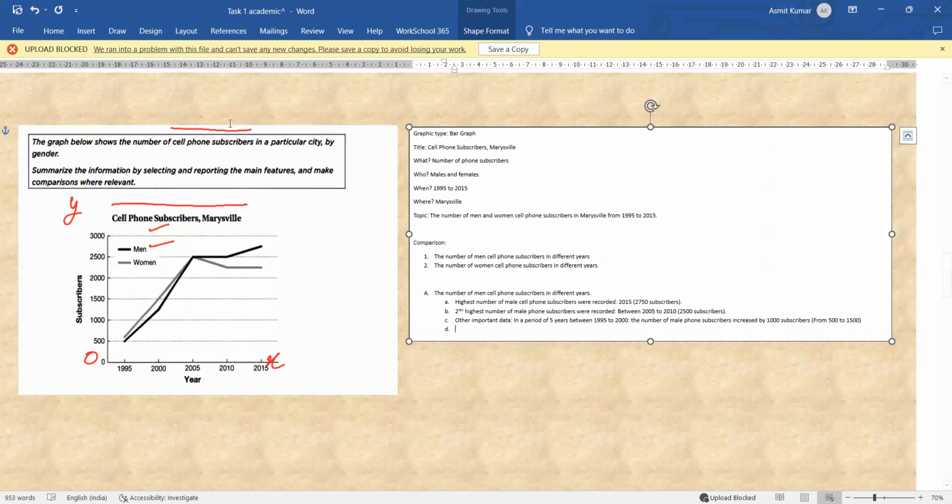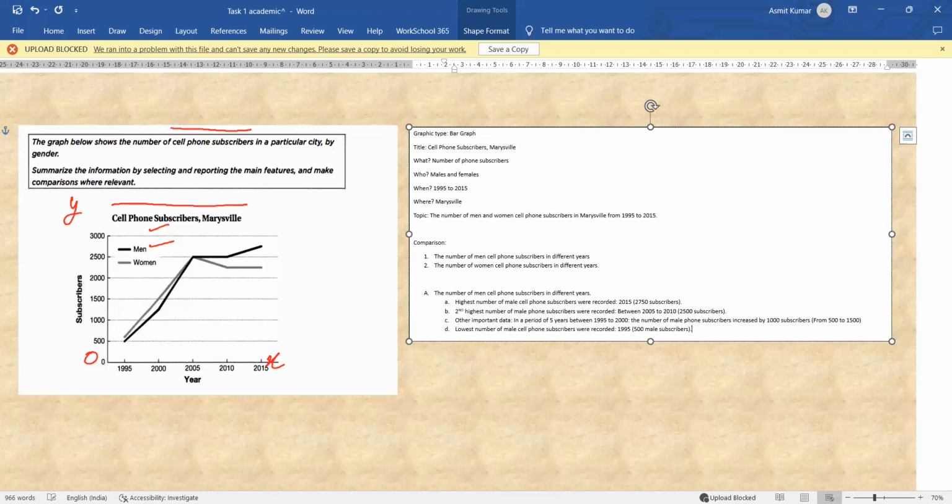Now coming to the lowest number of males in 1995, and here we have 500 male subscribers.